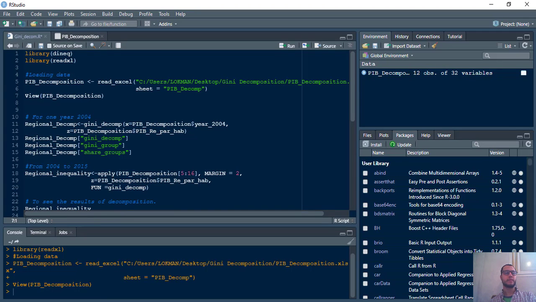So I started with the year 2004. I will call this variable regional decomp. The function that I'm using, from this package, is called Gini Decomp.